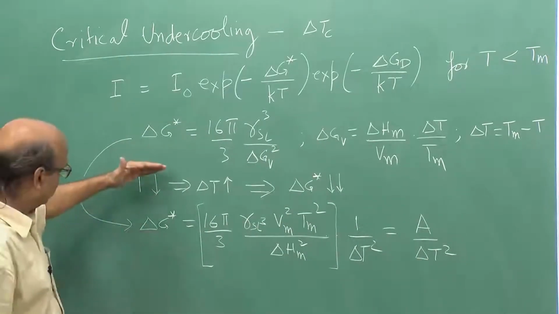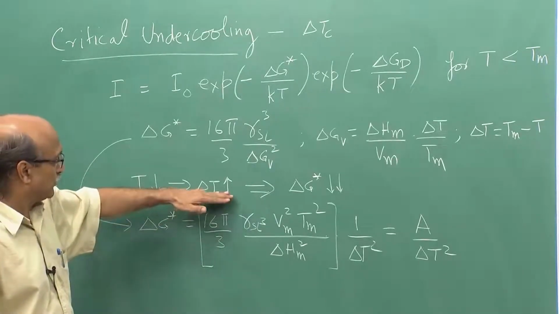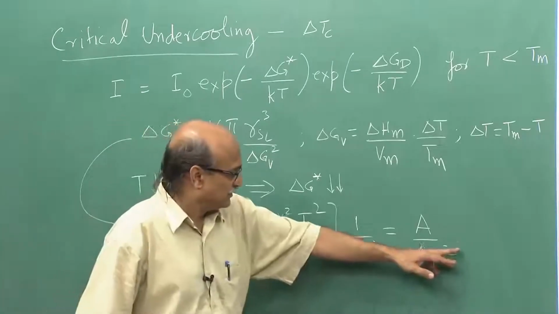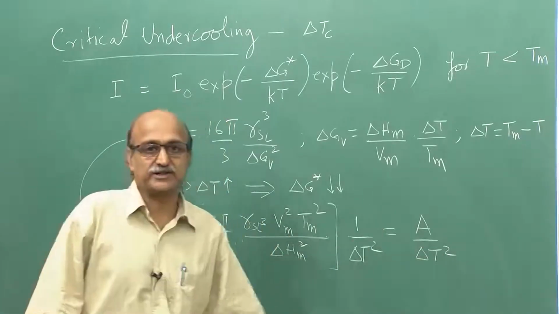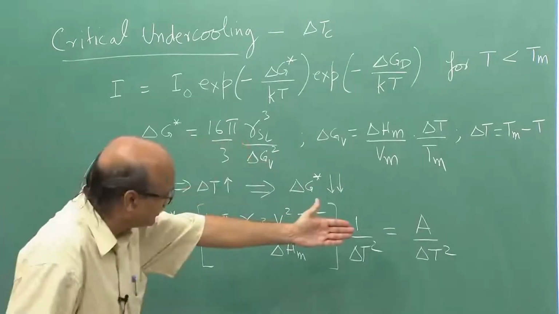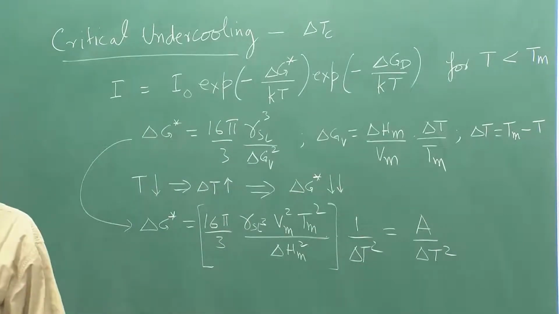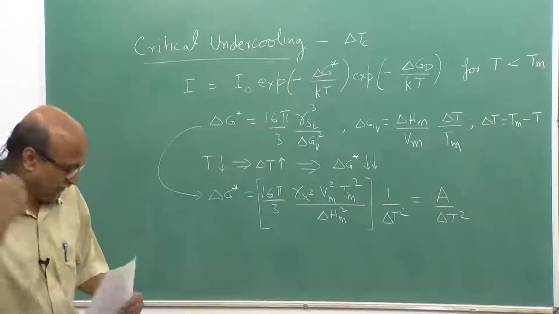Clearly, as I reduce the temperature, the undercooling goes up, and since delta G star is inversely related to delta T square, delta G star will rapidly reduce as the undercooling is increased.